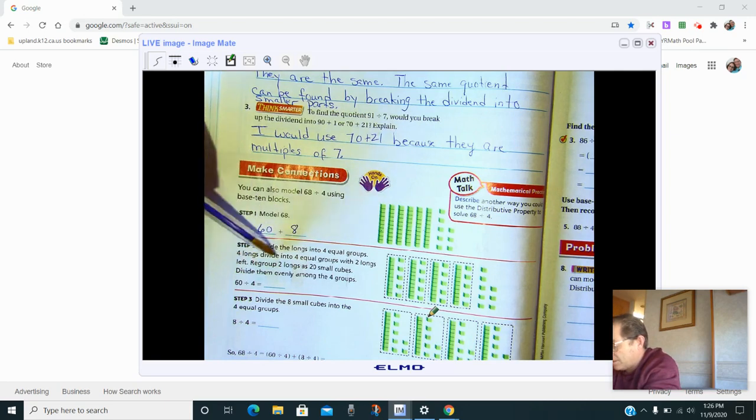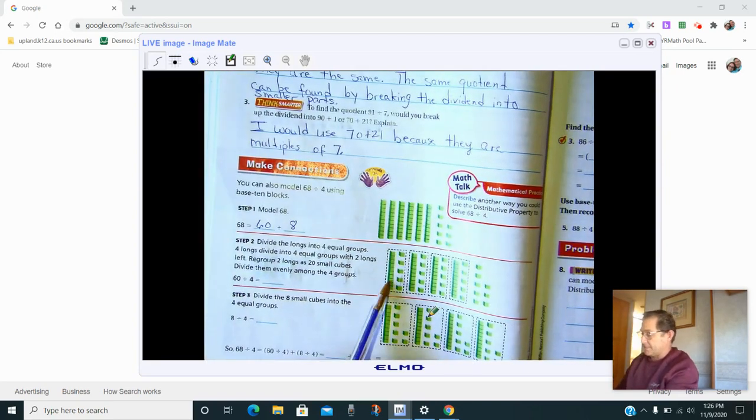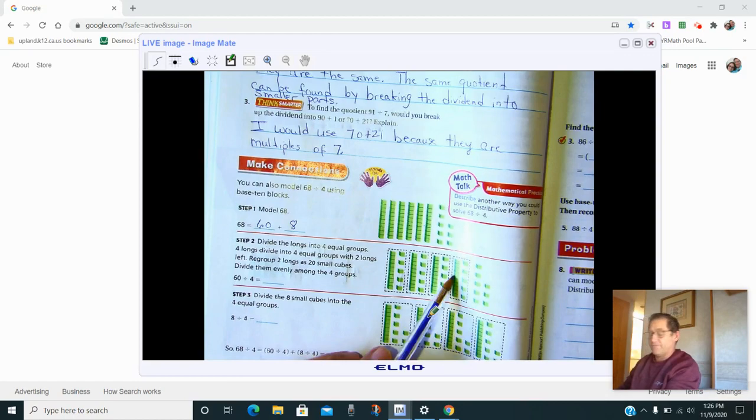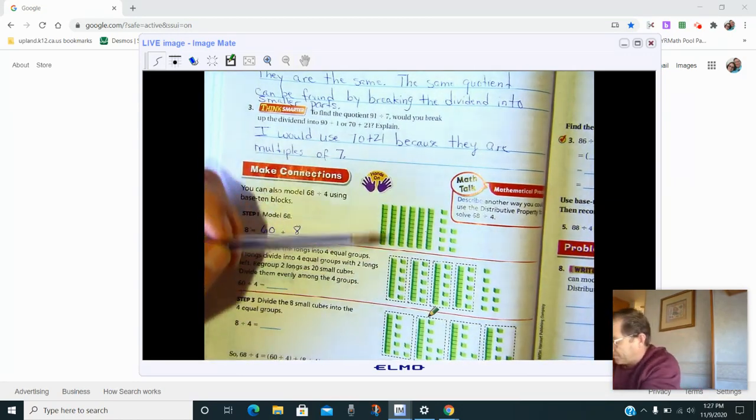Four longs divided into 4 equal groups with 2 longs left.